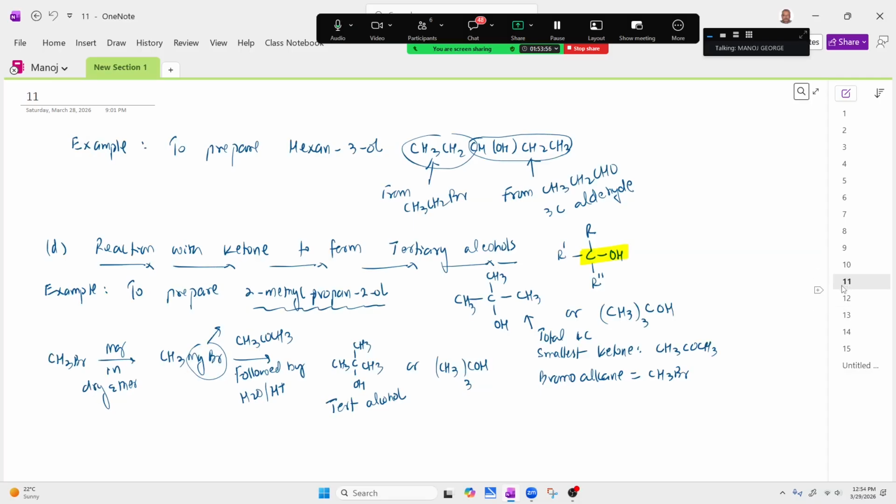Sorry, is it that C? Normally, the way of writing is that we write it this way, Kathy. We write the CH3 first and then the COH. You will not see this format in the textbook.